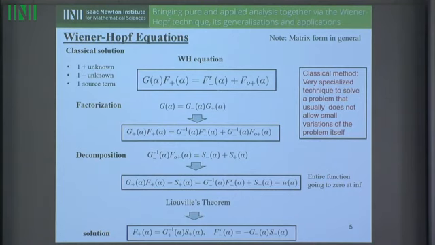We have a plus unknown, a minus unknown, and a source term here, and using a specialized technique in the classical Wiener-Hopf technique, we can have the multiplicative factorization. So we split the kernel G into G minus and G plus, and these techniques are possible in closed form only in particular cases.